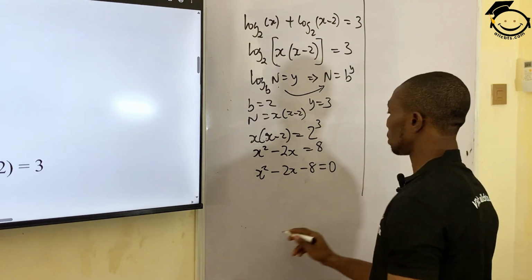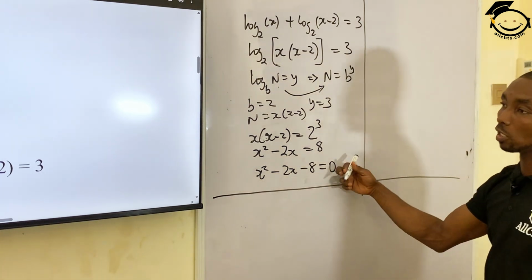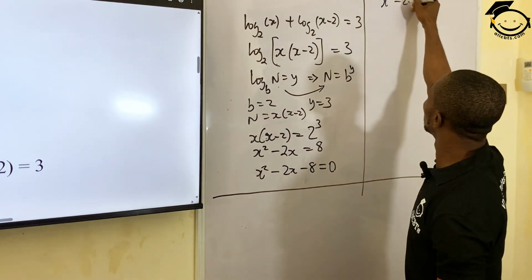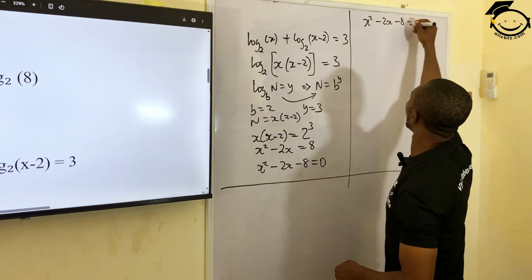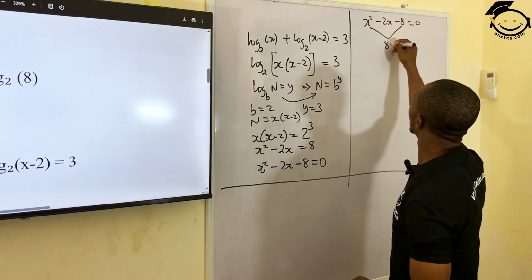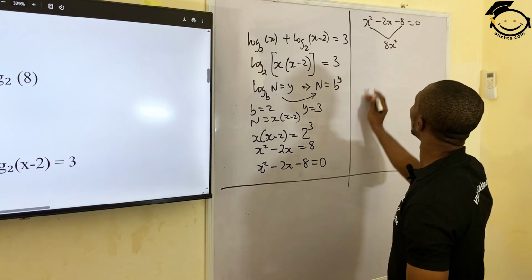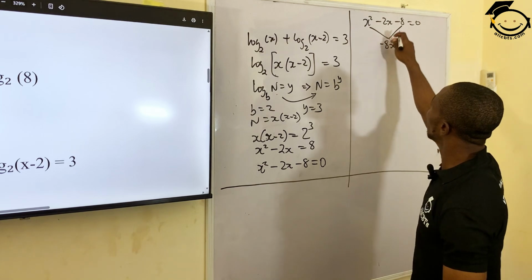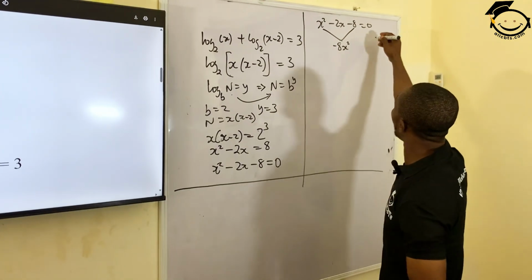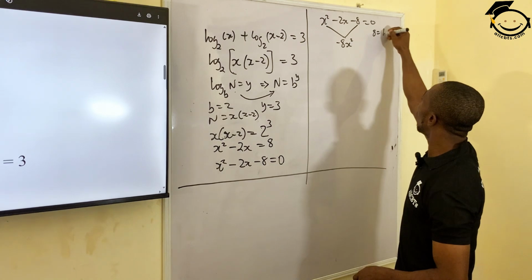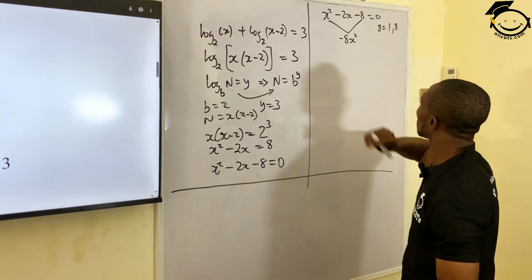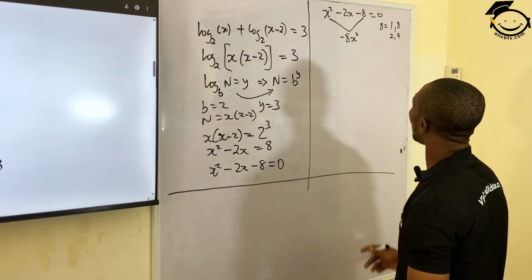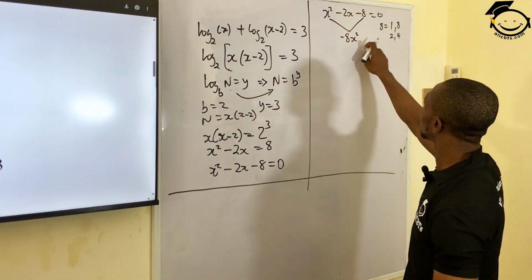Now factorizing this equation, what are the factors of 8 that will give us 2? Now, let's consider all factors of 8. We have 1 times 8 to give us 8. We have 2 times 4 to give us 8. And these are the major factors of 8.